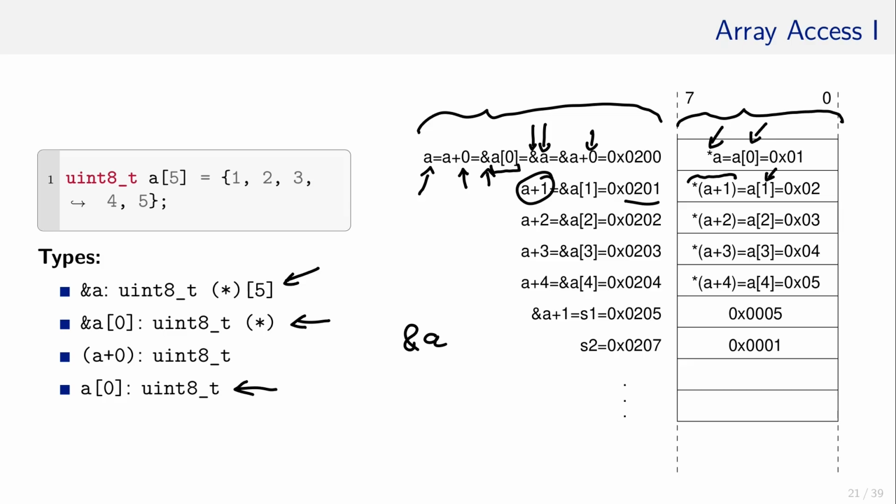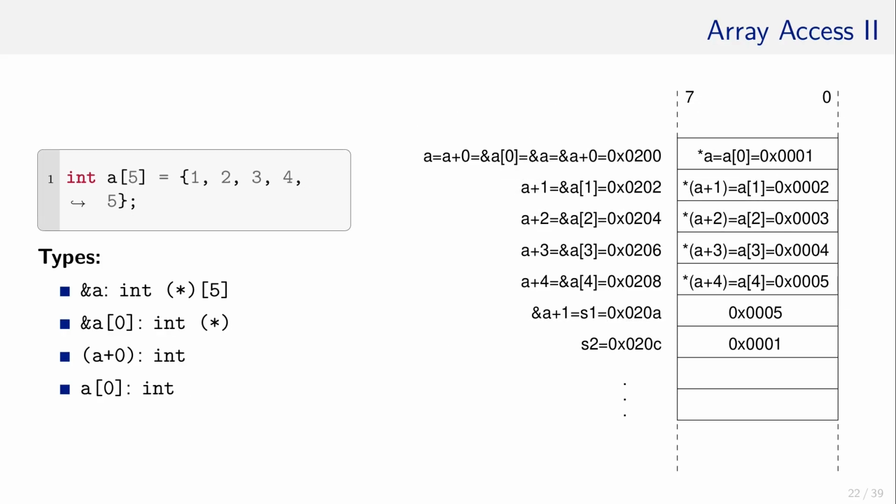The returned value is again 200. Since its type is a pointer to 5 unsigned int8 values in total, incrementing it will not result in an address of 201, but in an address of 205. It jumps over the entire array due to its type.